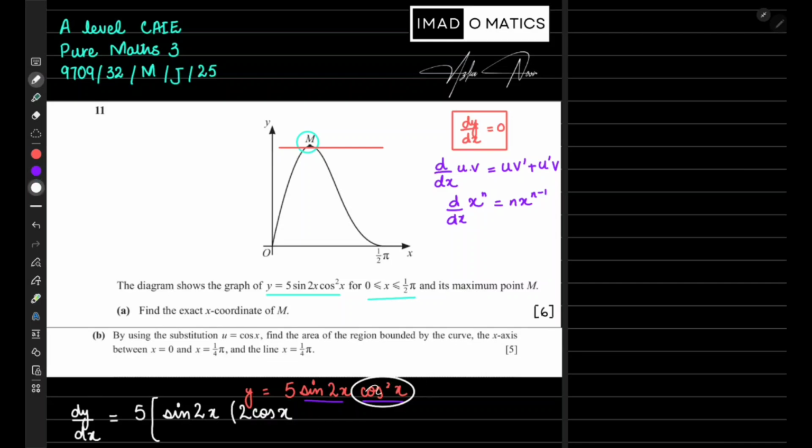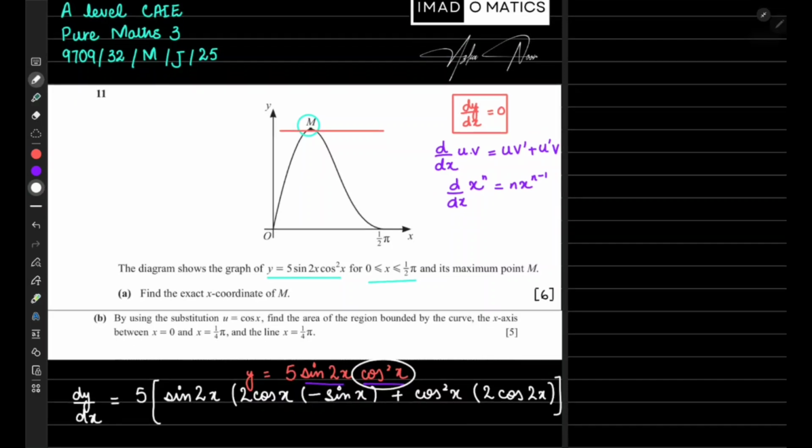So we get 2 cos x, then the derivative of cos is minus sin x. Then add the other thing. We write the second function as it is, cos squared x, and the derivative of sin 2x would be 2 cos 2x, because the derivative of sin x is cos x, multiplied by the derivative of 2x, which is 2. So this is your differentiation.